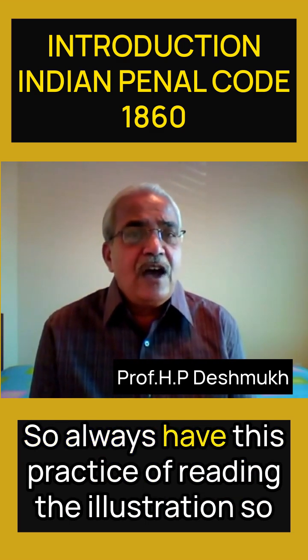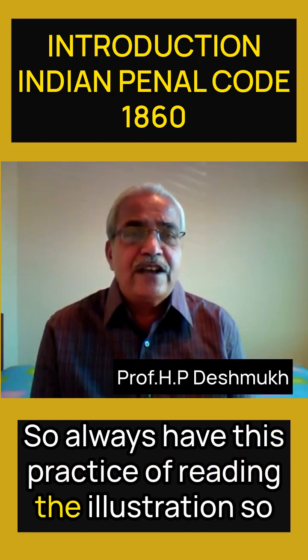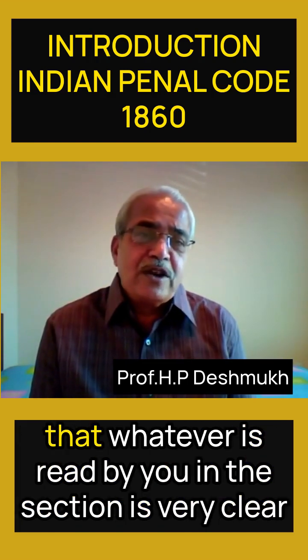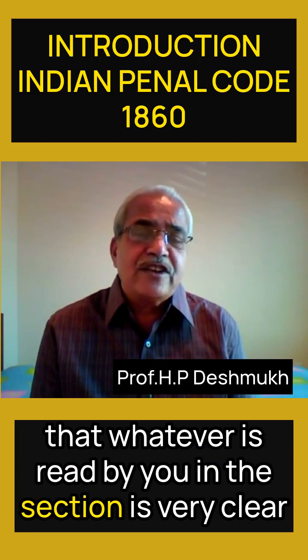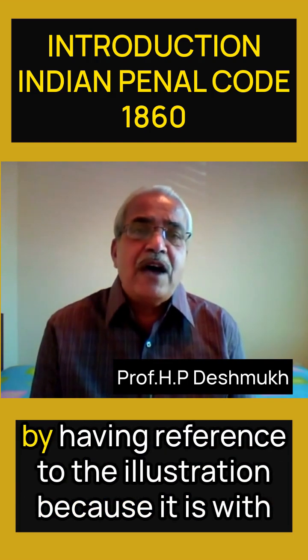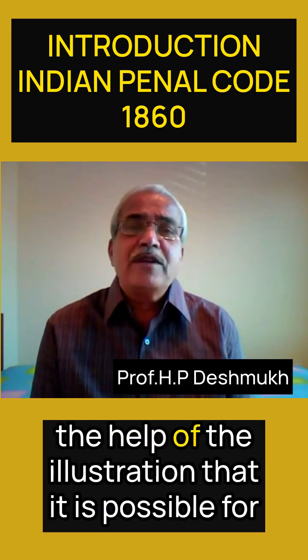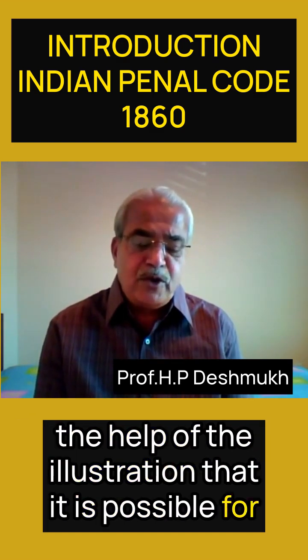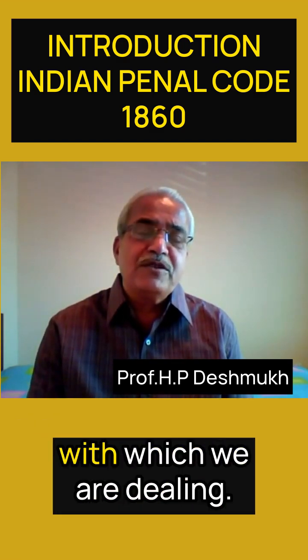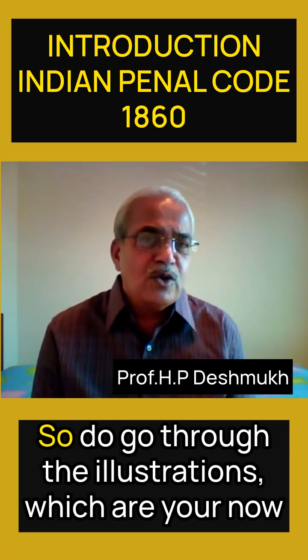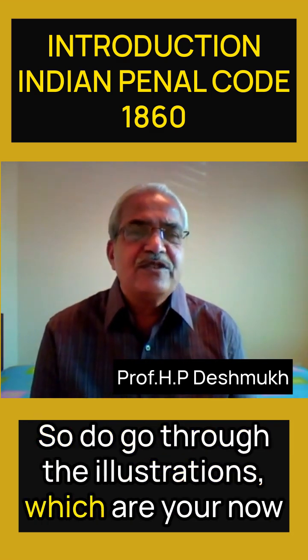So always have this practice of reading the illustrations so that whatever is read by you in the section is very clear by having reference to the illustrations, because it is with the help of the illustrations that it is possible for you to understand the provisions with which we are dealing. So do go through the illustrations which are given.